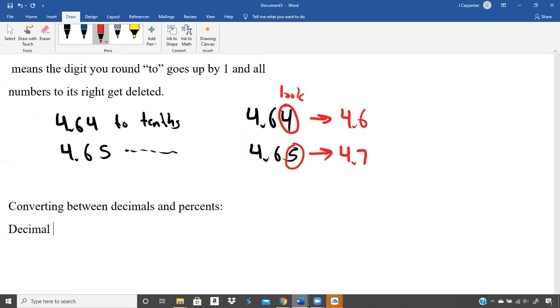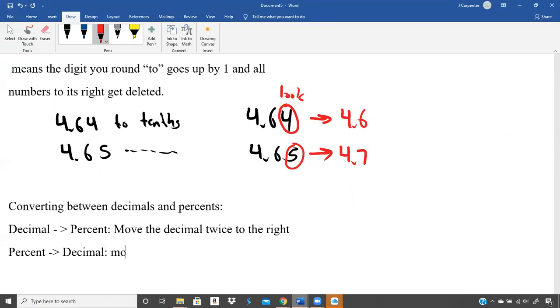If you're going from decimal to percent, you move the decimal twice to the, which way do you think? Left or right? Don't worry, we'll do it correct the first time. It's right. I'm going to give you a great way of how to remember that, in fact, very shortly. That way you're not doing that little dance. But if you're going from percent to decimal, then it's move the decimal twice to the left.